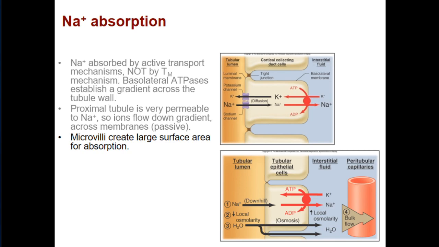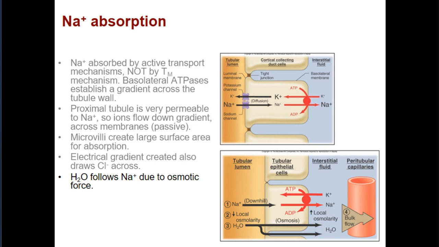As I have mentioned, microvilli create a large surface area for the absorption. And there will be also an electrical gradient created, which will draw the chloride ions across. And as you remember, sodium is highly hydrophilic, so water follows sodium due to the osmotic force, which means fluid left in the tubule will be concentrated.